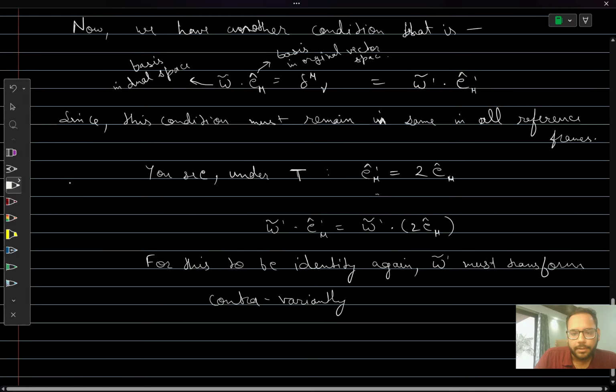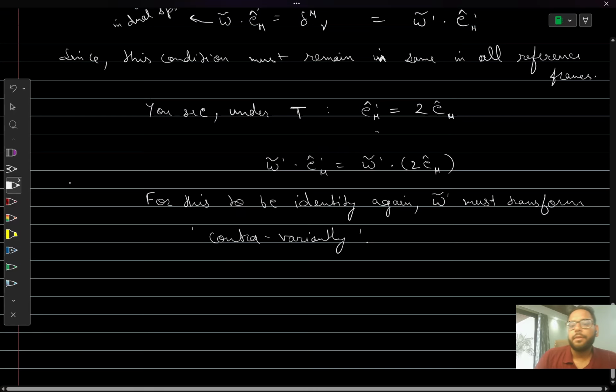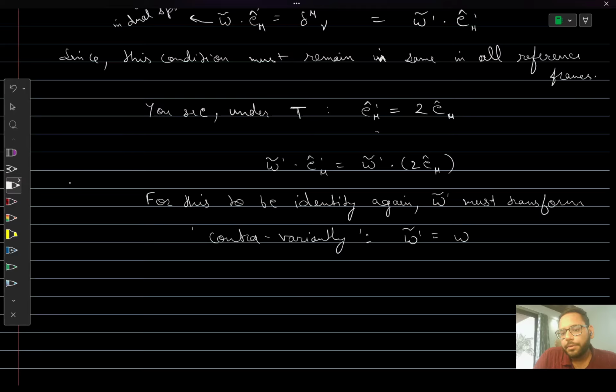Contravariantly, they must transform in an opposite way. This should be equal to this by 2. So if they are contravariantly transforming, I must place the indices in the opposite sense.